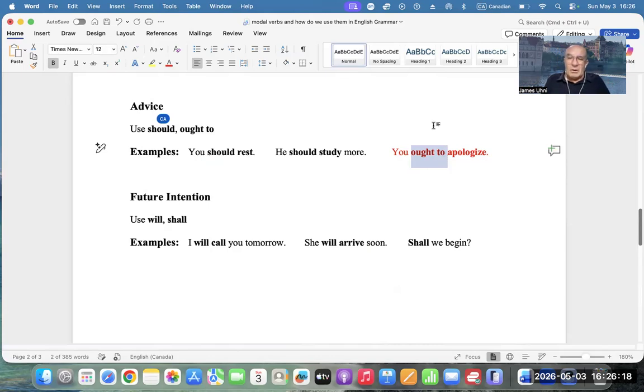But ought to is a very, very strong statement that will make you almost a slave. Really. That is such a bad word. And I would ask you, avoid ought to in your own dictionary. Erase it, delete it. Don't even think about it.